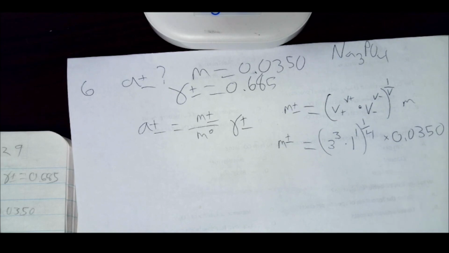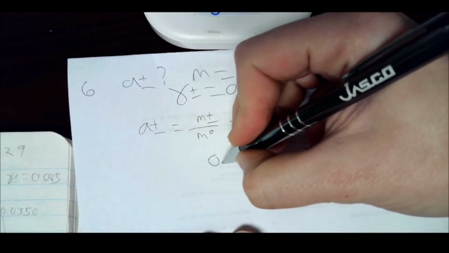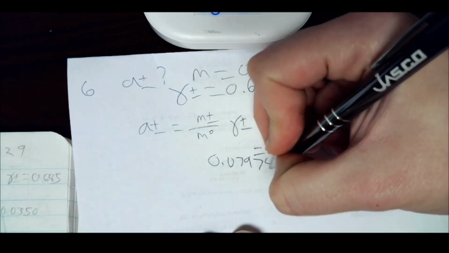Running that, essentially 27 raised to the power of 1/4 times 0.0350 gives us an m plus or minus of 0.07978.